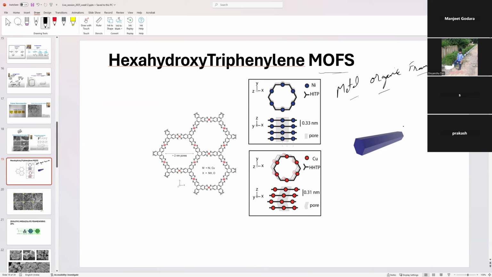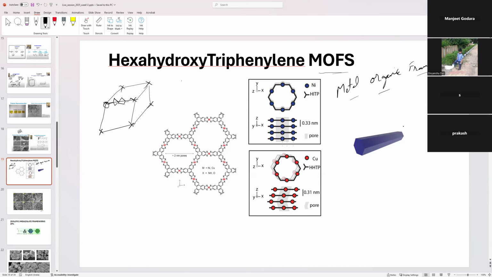That's a cube. Suppose you have this cube. Here you will have your metal nodes sitting at all the vertices, and in between are some organic compounds. They can be benzene rings or long chains.